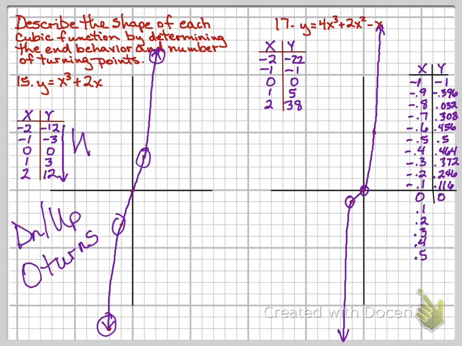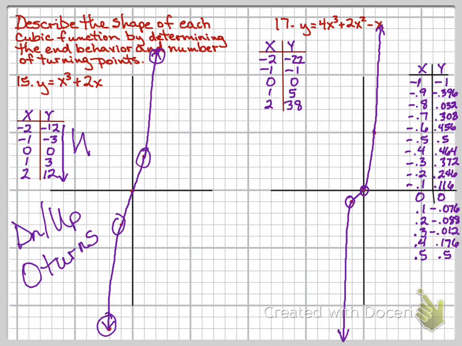At 0.1, it's negative 0.076. 0.2 is negative 0.088. 0.3 is at negative 0.012. 0.4 is at positive 0.176. And 0.5 is at 0.5.